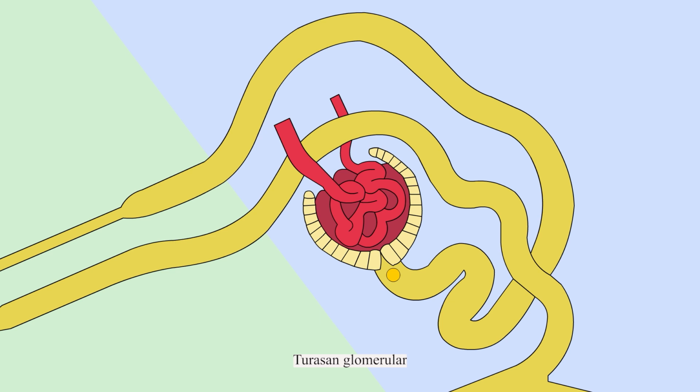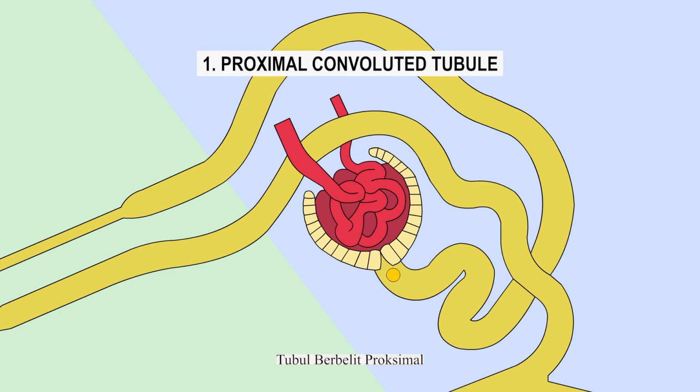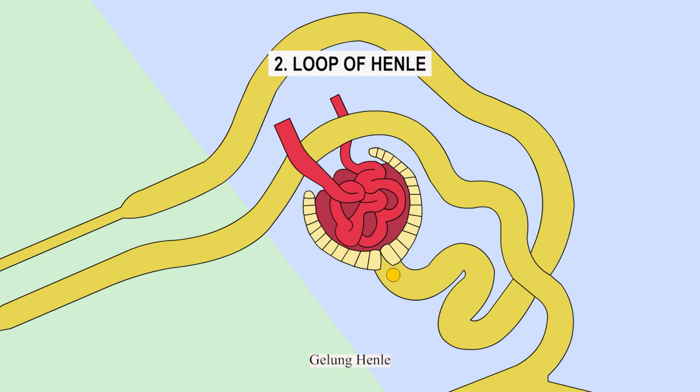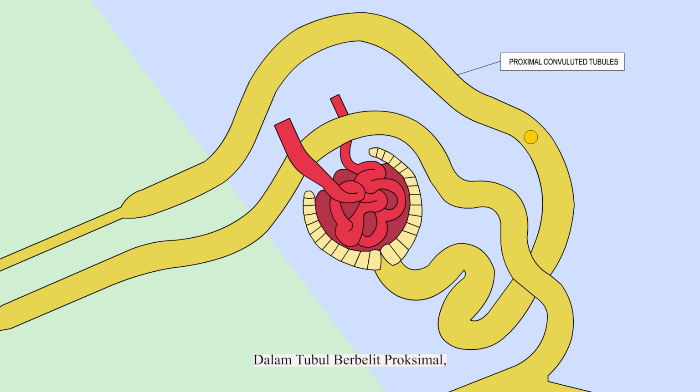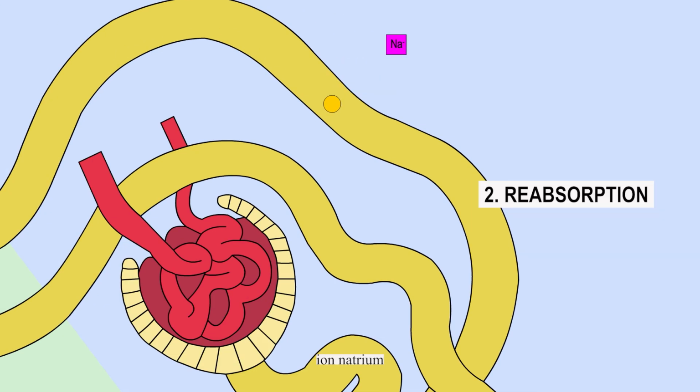The glomerular filtrate will pass through the proximal convoluted tubule, loop of Henle, distal convoluted tubule, and finally into the collecting duct. This is where the various molecules will undergo reabsorption and secretion. In the proximal convoluted tubule, sodium ions are actively pumped into the blood capillary network and chloride ions are passively absorbed.